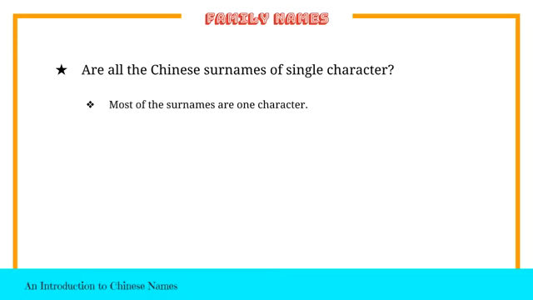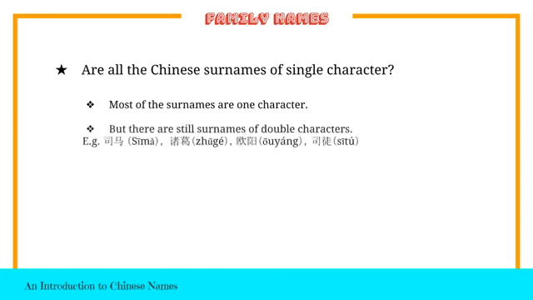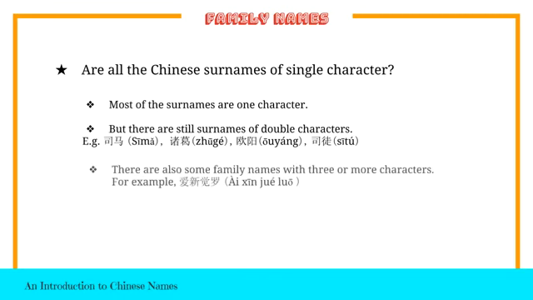Yes, it's true that most surnames are one character, but there are still surnames of two characters, such as Sima, Zhuge, Ouyang, Situ. And actually, there are some family names with 3 or more characters.